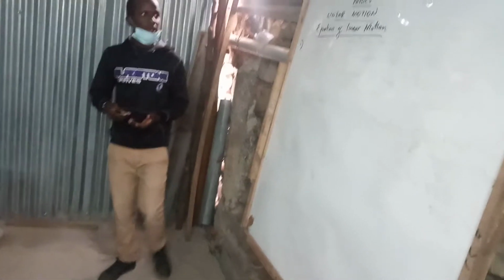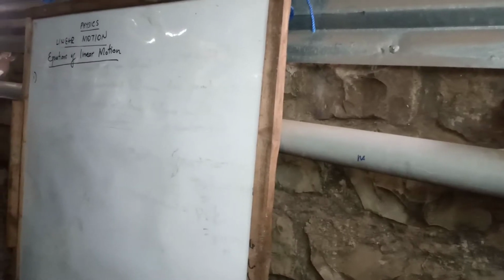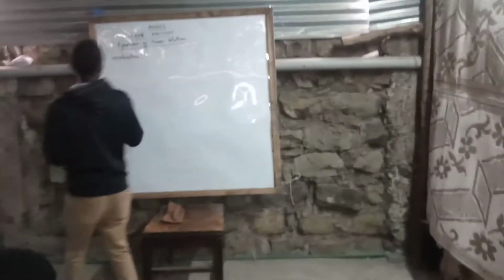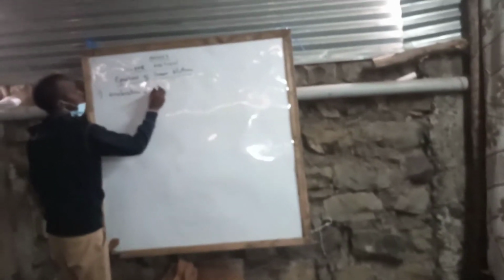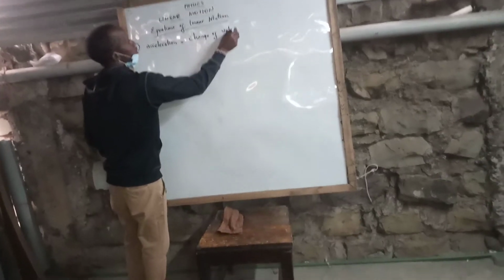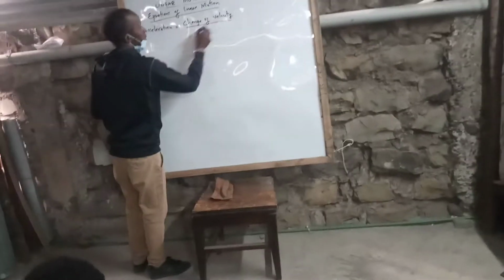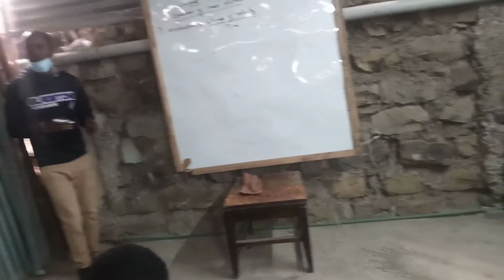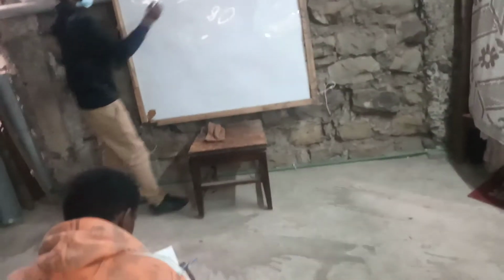That is why I want to take the initiative of trying to lead us into understanding how acceleration is simply the change of velocity. It is defined as the change of velocity with respect to time.